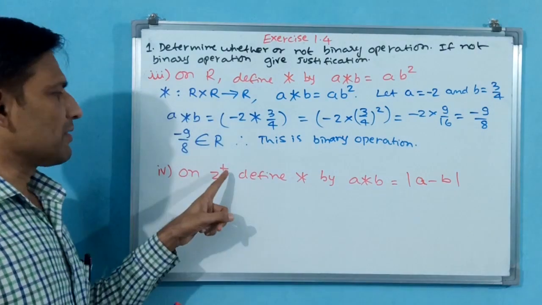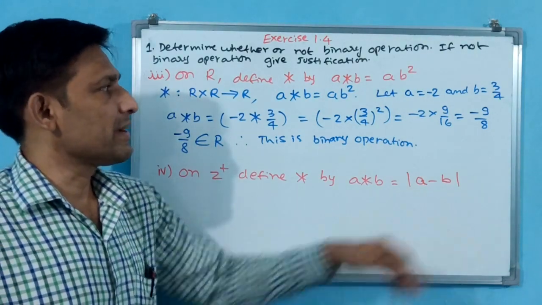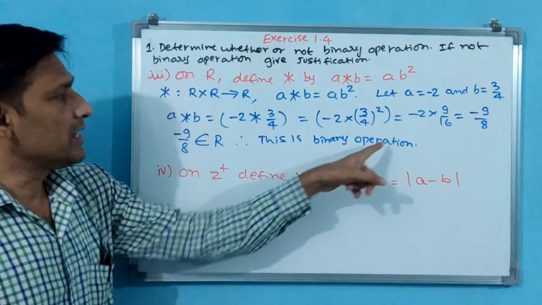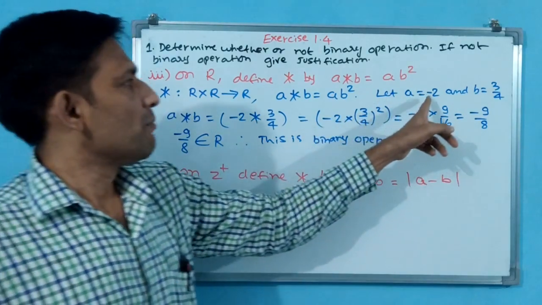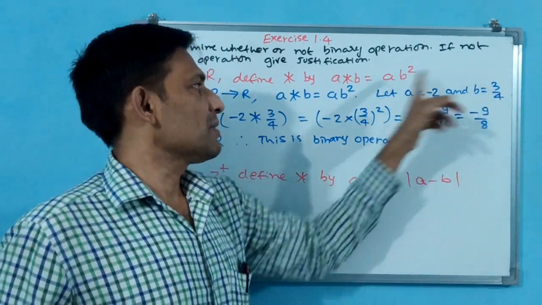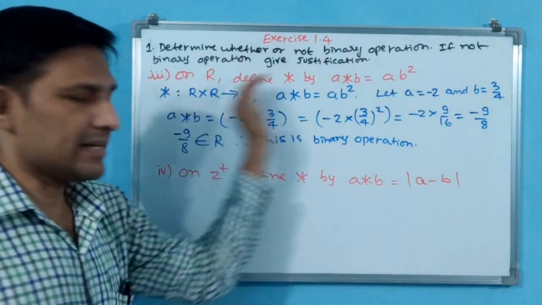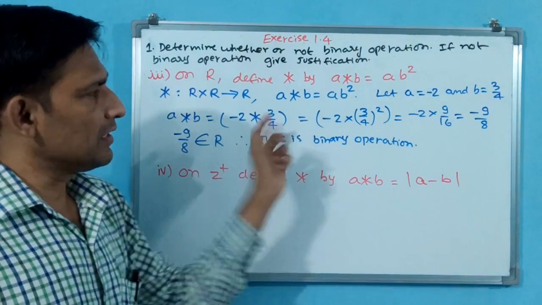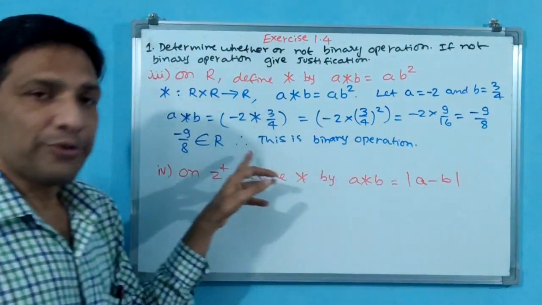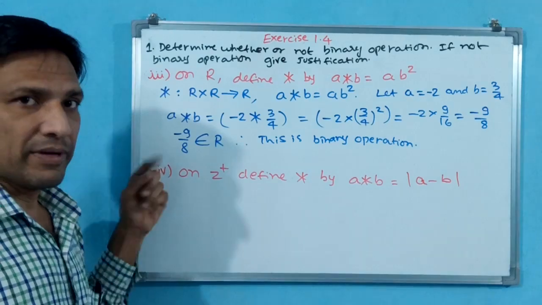Why? Because see, Z positive they have given and here A minus B they have given. Even if you reverse it also, see, -2, 3 by 4 will be there, and 3 by 4, -2 also will be there in the set. Why? Because of the Cartesian product. Even if you reverse, this answer is going to come. That is why this is binary operation.